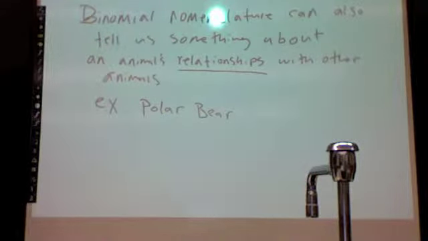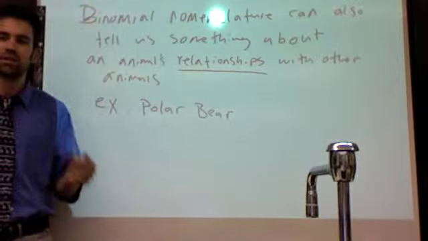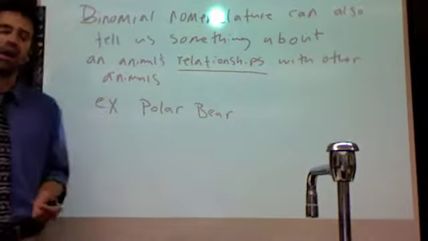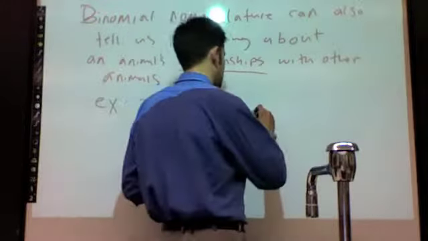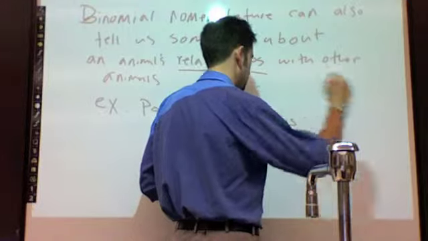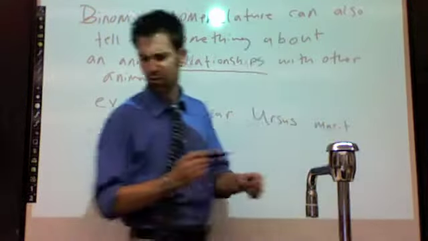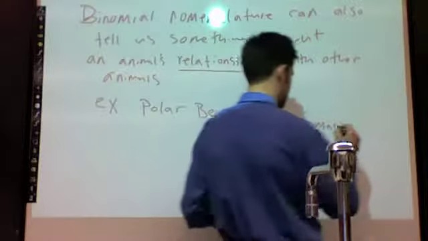Okay? The polar bear's Latin name, and if you were doing this officially on a computer, you'd write this in italics. When you handwrite it out, the first word in Latin is always capitalized, and the second is always not capitalized. Should I spell this correctly? There it is.